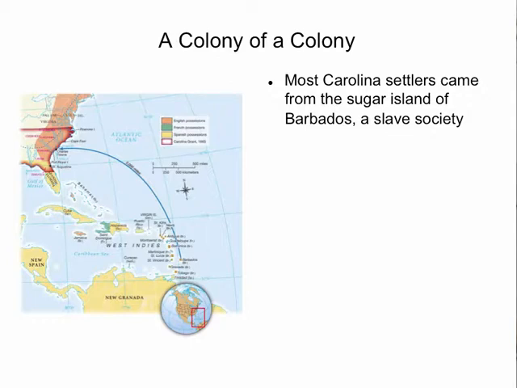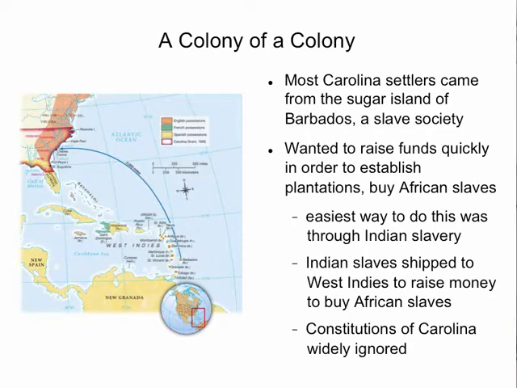And Barbados had a large number of African slaves who were horribly mistreated, who really were dying in droves to grow this sugarcane. It was a very brutal, repressive slave society in Barbados, and so when the planters started coming from Barbados to Carolina, they brought with them that expectation that they were going to create this kind of rigid slave system.